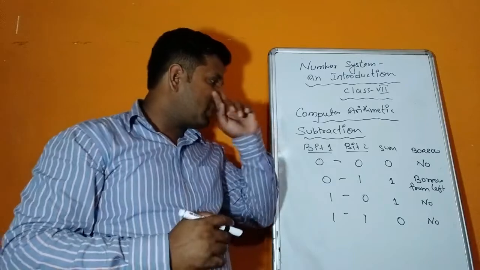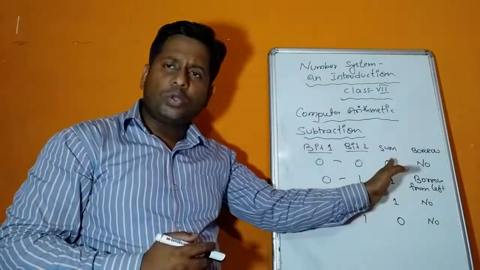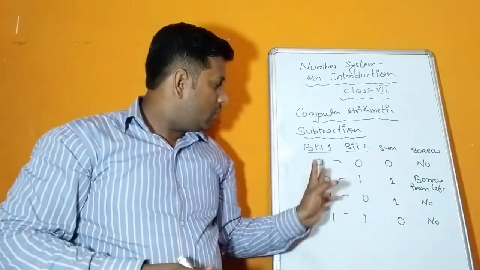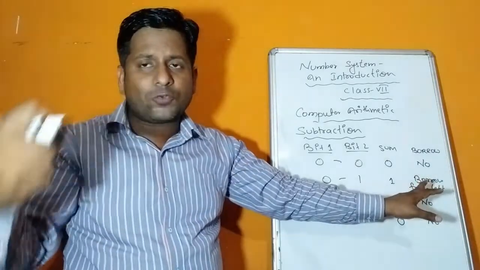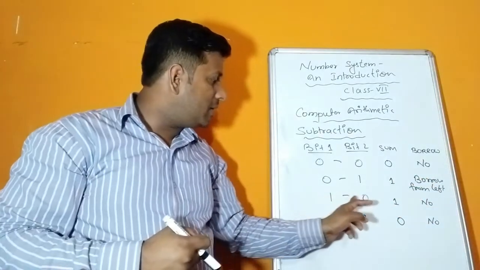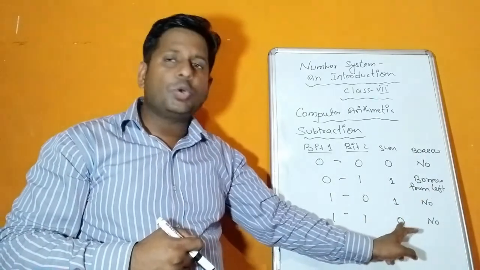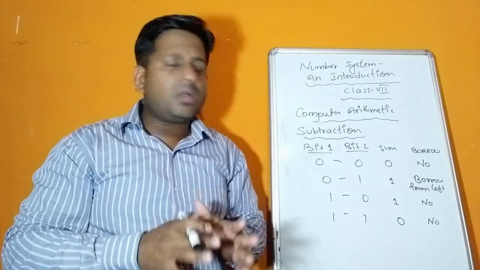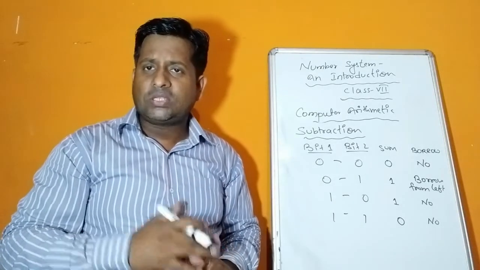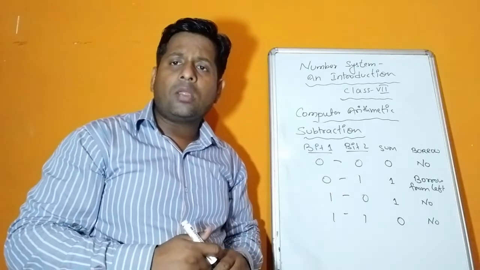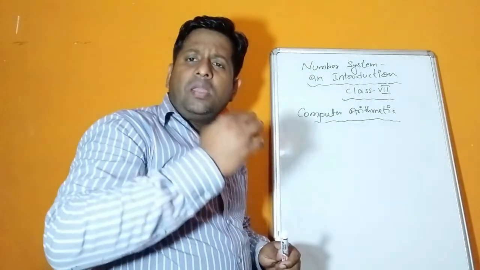So children, when we do binary subtraction, 0 minus 0 is 0 with no borrow. 0 minus 1 is 1 with borrowing from the left. 1 minus 0 is 1 with no borrow. 1 minus 1 becomes 0 with no borrow. So this is the concept of binary subtraction. Okay children, is this clear? Now let us move to binary multiplication.